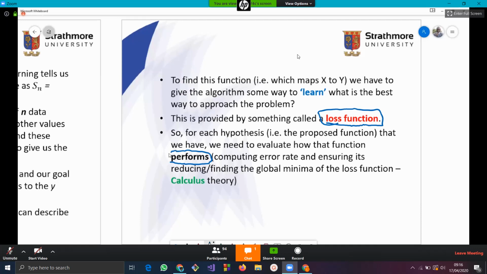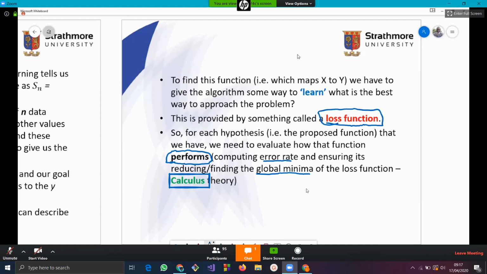How do we do it? There's an error rate to be measured, and this error rate is actually found by optimizing the loss function using calculus theory, which we are going to revise in a moment. So this is now the story of machine learning. From the data to the X and the Y sets, that's supervised learning.